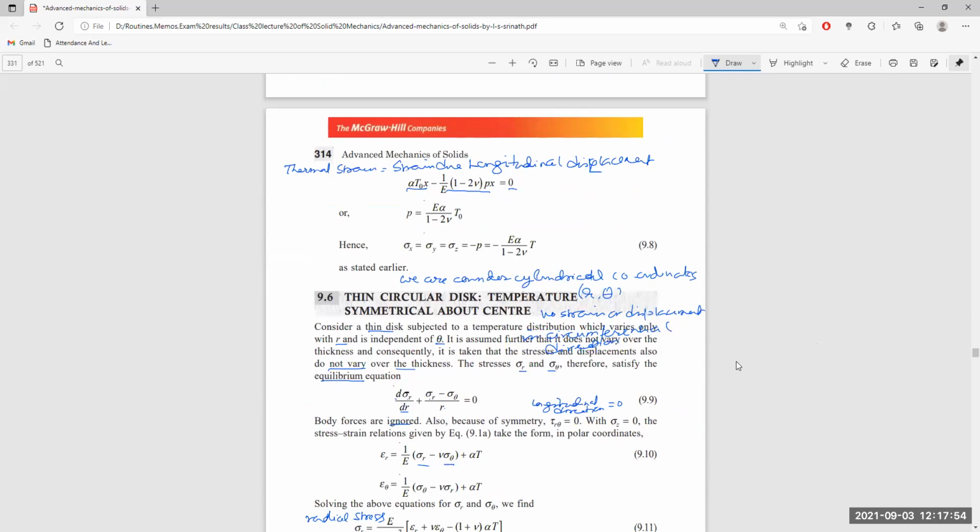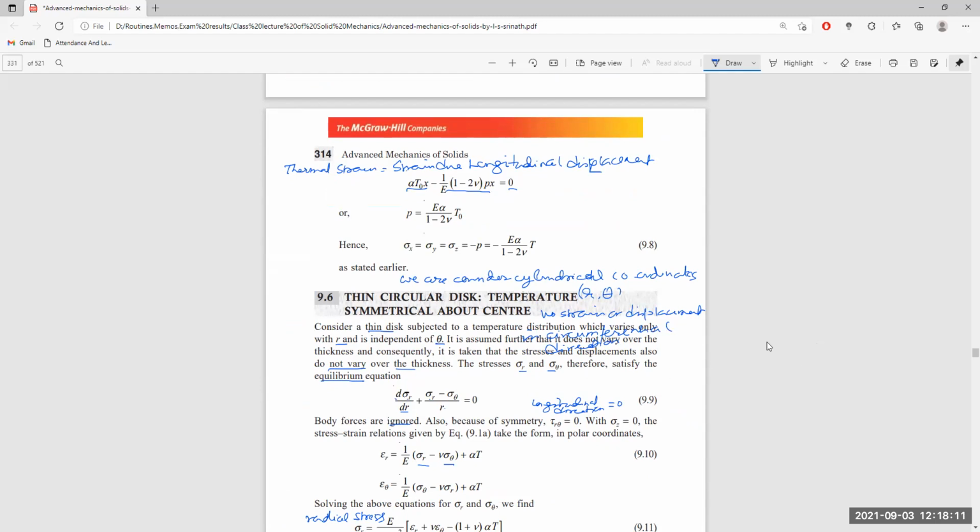Next we have the thin circular cylinder case, which we have gone through, where first of all it doesn't have the hole, and next one is the one with the hole itself.